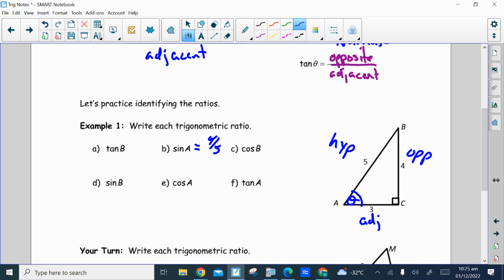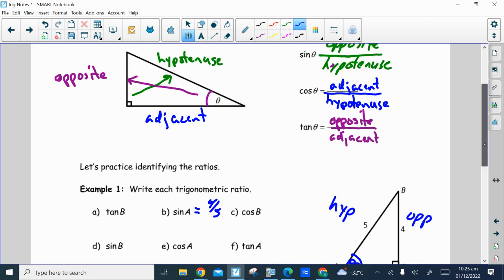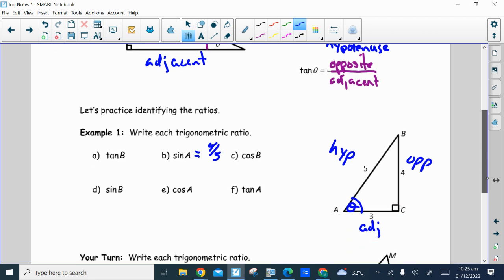Next, we'll do the cosine of angle A. We'll do all three angle A's first, and then we've got to go back and adjust our diagram if we're working from angle B instead of A. But we've got angle A set up here, so let's do all three ratios for angle A. The cosine, if we look above, is the adjacent over the hypotenuse.